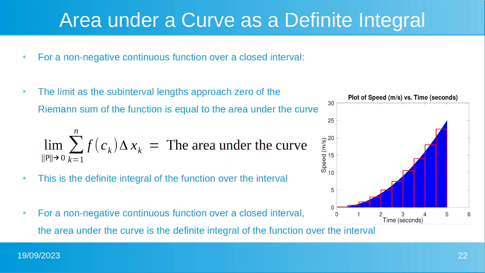And this is the definite integral of the function over the interval. For a non-negative continuous function over a closed interval, the area under the curve is the definite integral of the function over the interval.